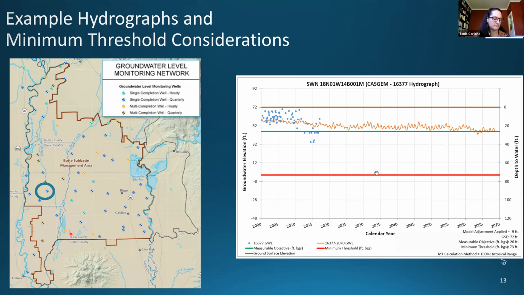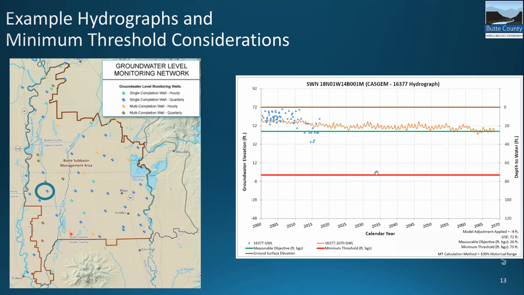Go ahead, Deborah. I'm just wondering how I would know which is which, just by the amount of information on the graph? Brian, have we provided a map of where these well locations are? Yes, the hydrograph packet begins with a short tech memo that describes what's in the packet.